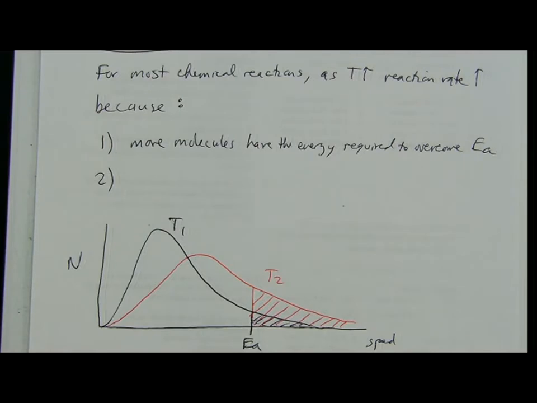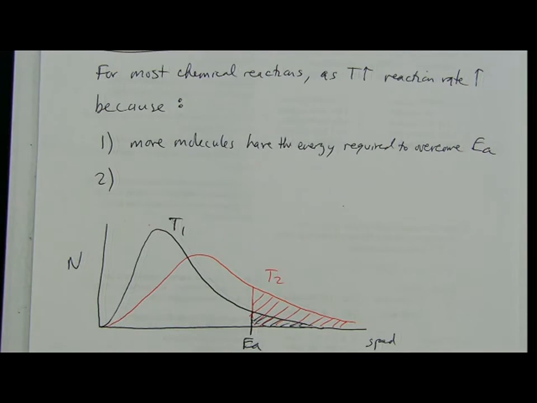Okay, anybody know what the second reason is? Yes? Would it be due to the increased solubility of the different chemicals? Now that certainly would have an effect. If something is more soluble at higher temperatures, and that thing is part of the reaction, then that certainly would have an effect.